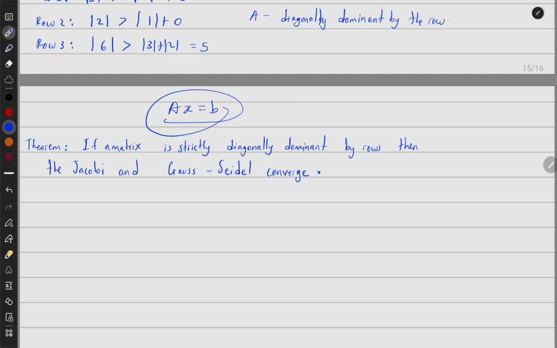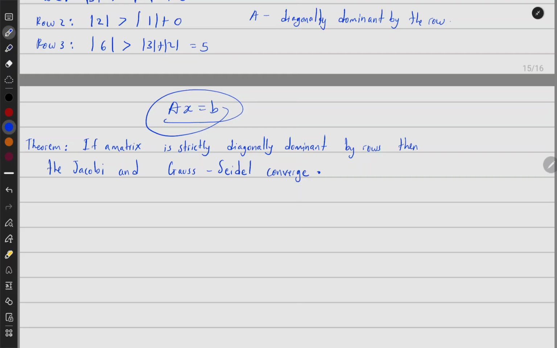So meaning that if I have a linear system that I want to solve and I check that A is diagonally dominant by the rows, then it implies that I can use either the Jacobi method or the Gauss Seidel method. One of them will converge, meaning we shall find the solution for the linear system.